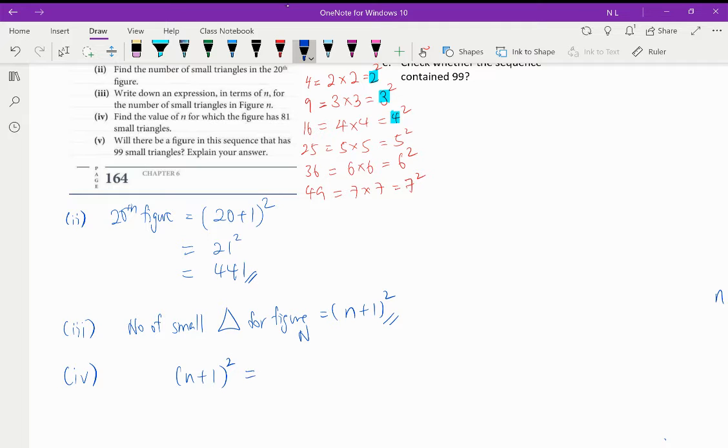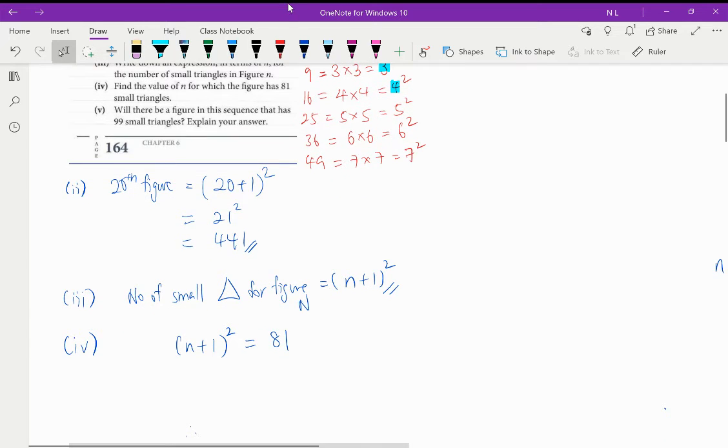So when I have 81 small triangles, I let my number of triangles be 81. So all you need to do now is to find out what this value n is. (n plus 1) bracket square is the same as writing (n plus 1) times (n plus 1), so I can square root it.